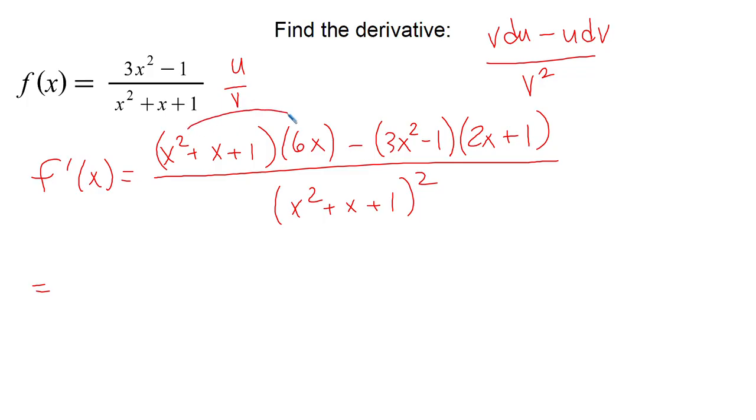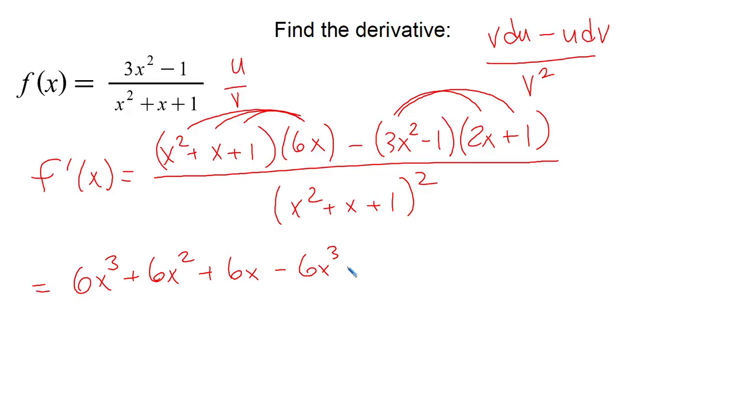So x squared times 6x is going to give us 6x cubed. X times 6x is going to give us 6x squared. 1 times 6x is going to give us 6x. A 3x squared times a 2x is another 6x cubed, but we got a minus sign in front, so we'll make that a minus 6x cubed. Then we're going to have a minus 3x squared with the minus out in front.